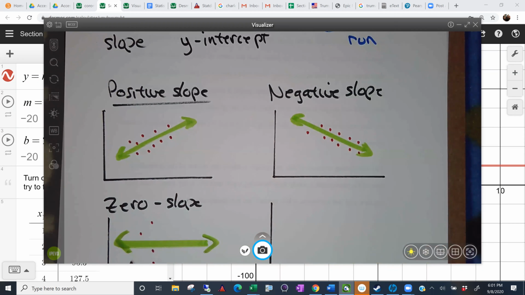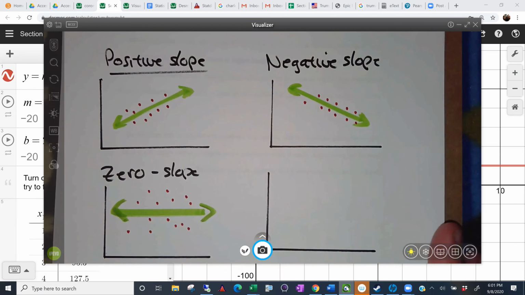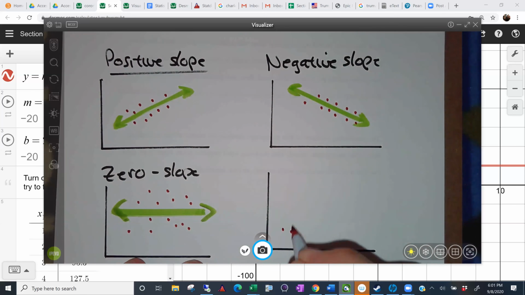Here, data is probably going to be wildly scattered around a line, and when you try to fit a line to it, it's going to be pretty much flat. So that's kind of a bummer if that happens. But you could also have data that look like this.